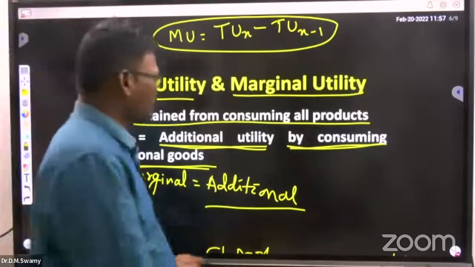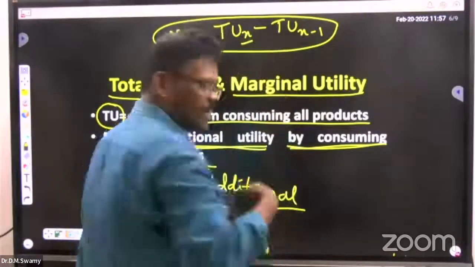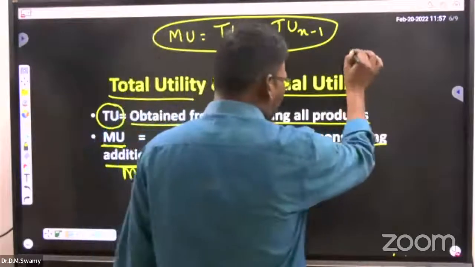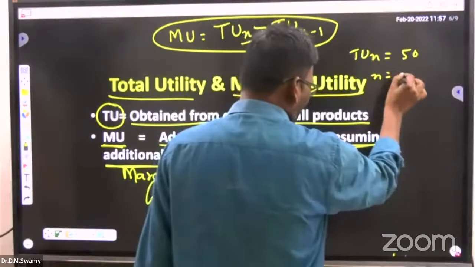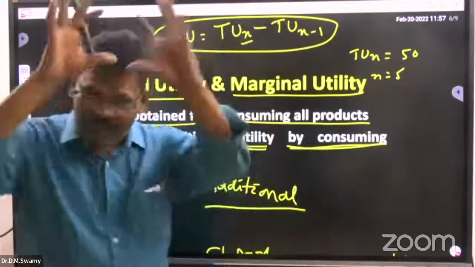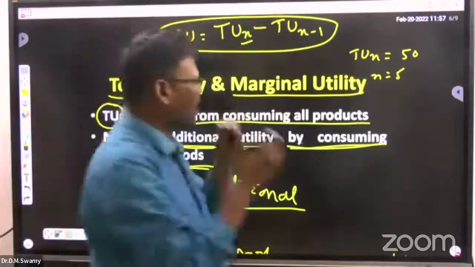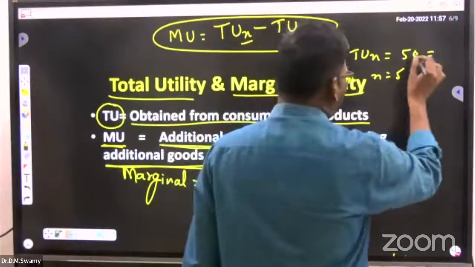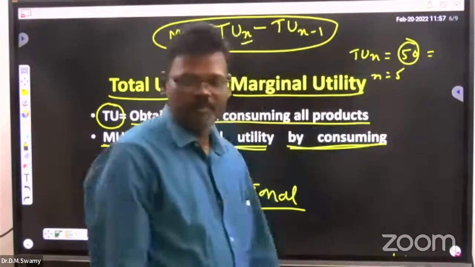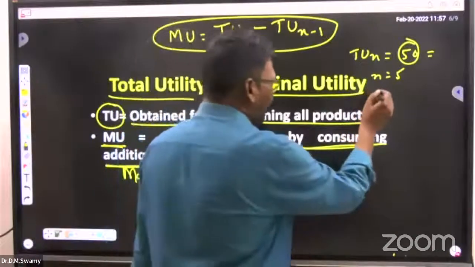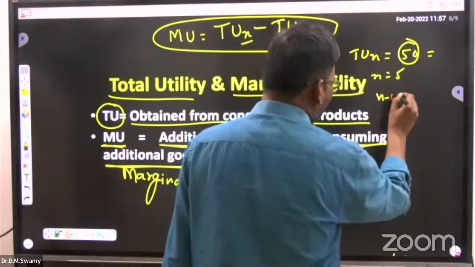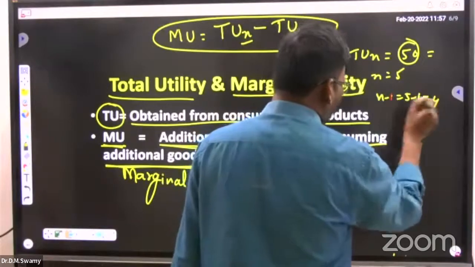Okay, suppose n means number of commodities. For example, if n is equal to 5, by consuming 5 commodities the consumer got around 50 utils, for example. Then n minus 1 is 5 minus 1, equal to 4 commodities.